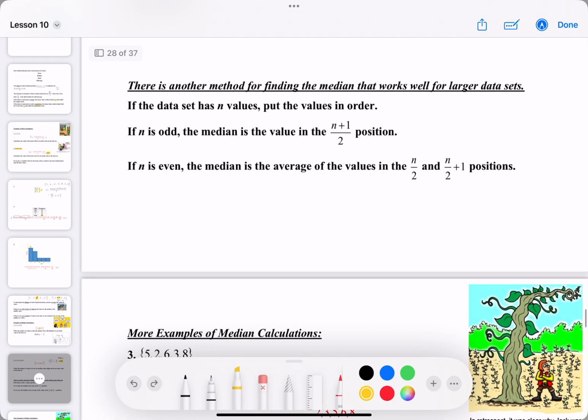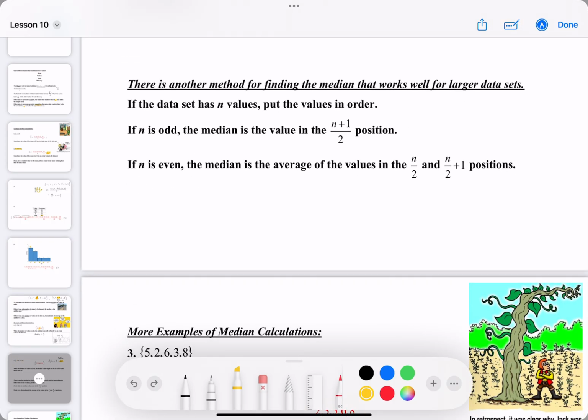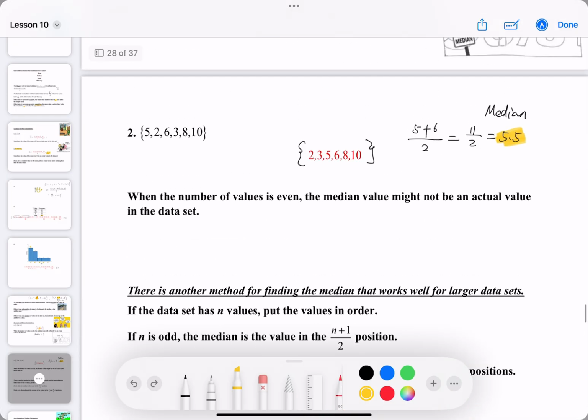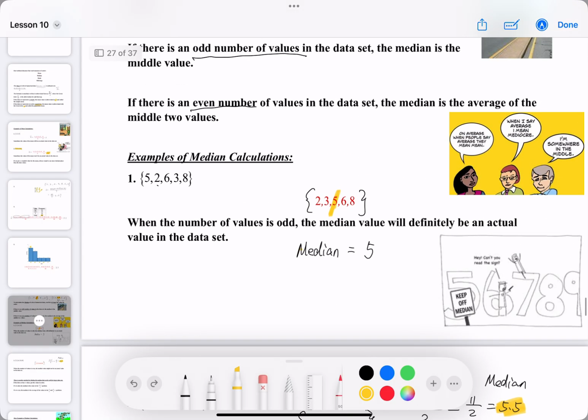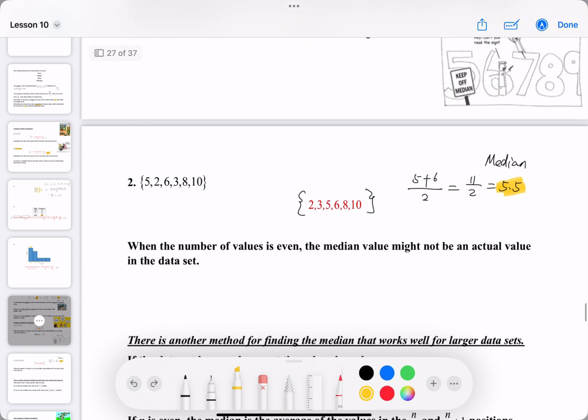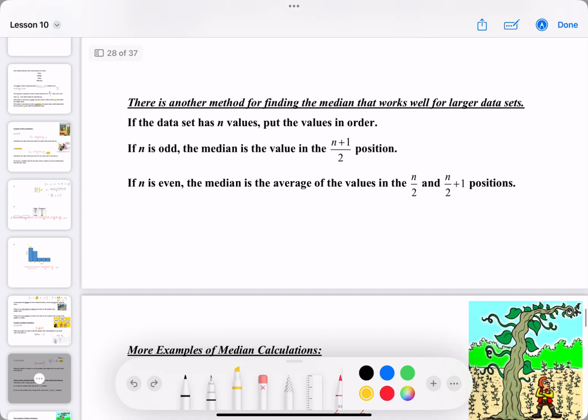Okay, there is another method for finding the median that works well for larger data sets. For the simple ones, for example this one, you can tell immediately which are our middle numbers, since this data set has all the elements. Then we find the middle number. It's very easy. But if I have a big data set, what should I do?